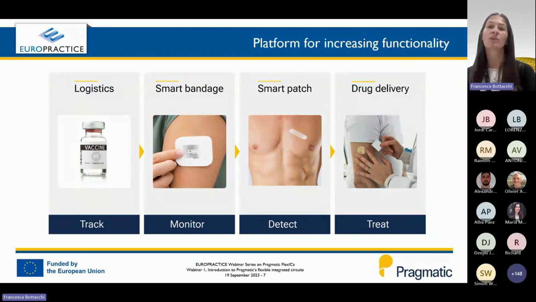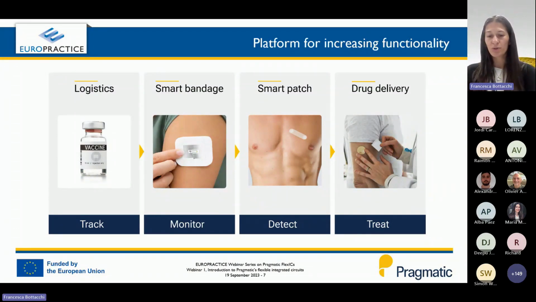And again, with your smartphone, with an app, the device could send an alarm, or there could be an LED blinking or a sound that can really give a warning to the user to go to the hospital for further checks, for example.